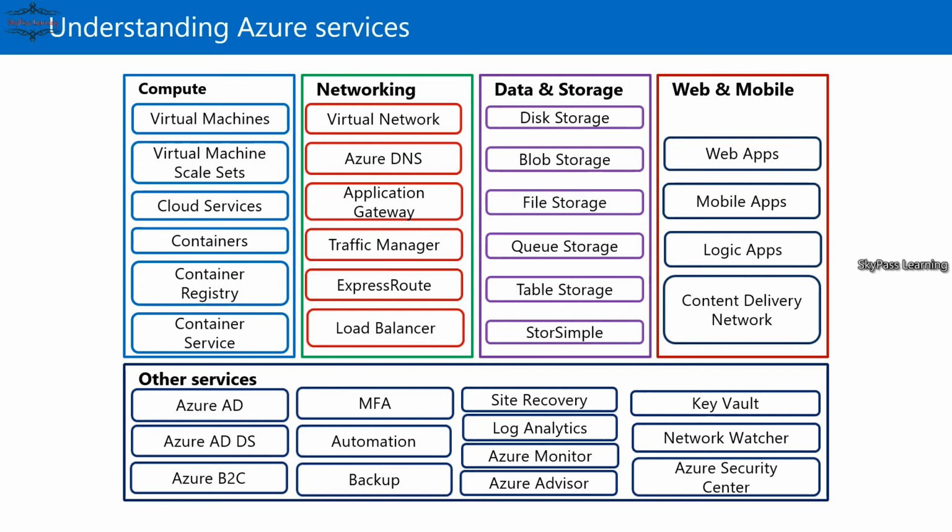We have files, queues, tables, and all types of storage categorization available, and we can utilize that storage. Apart from this, we have Azure Site Recovery and backup options available, which I will show you how we can use and store.